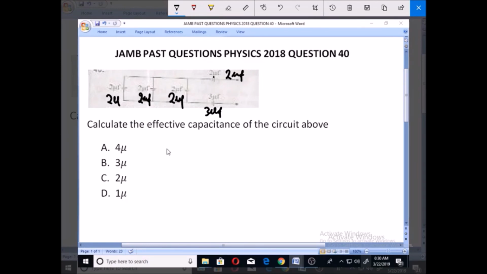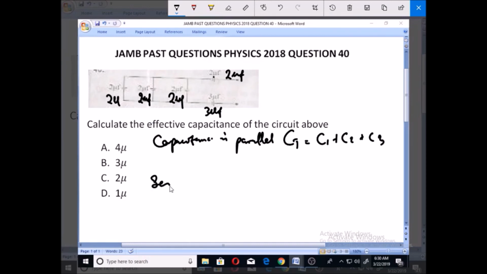So how do you calculate? Now, capacitance in parallel, the total capacitance in parallel is calculated by saying C total is equal to C1 plus C2 plus C3. That is for parallel.